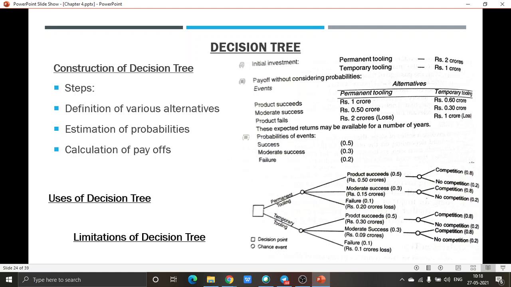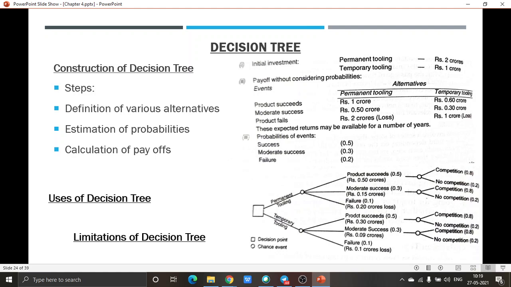Now the second step in a decision tree requires the estimation of probabilities. Now it will be based on the manager's own experience, maybe from consultation with other experts, and also from the information available in respect of these questions.